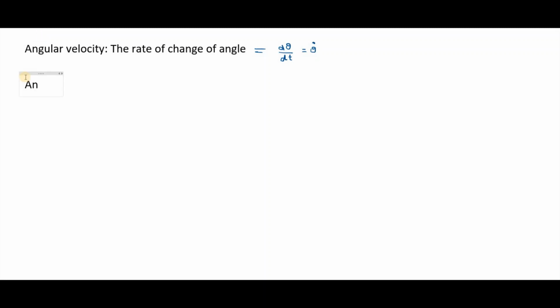Next, angular acceleration. What do you mean by angular acceleration?